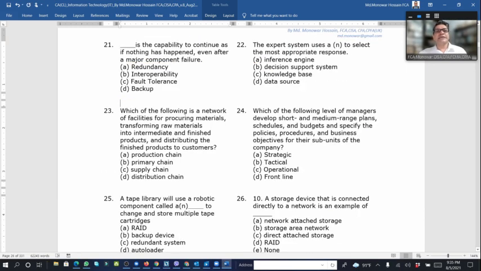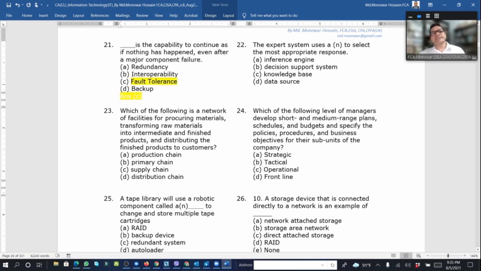That is the capability of continuity, as if nothing has happened even after a major component failure. Redundancy, failure, backup. What would be the answer? Here it says fault tolerance.